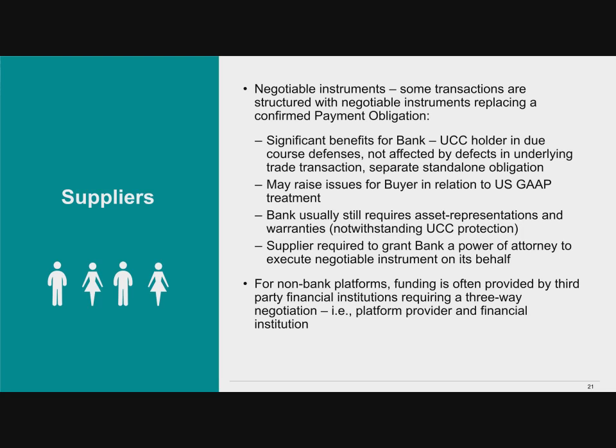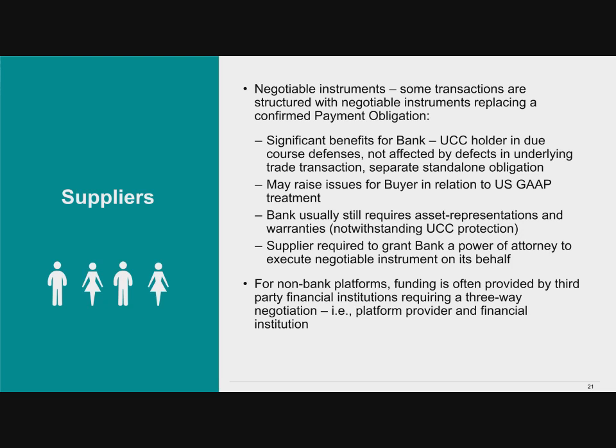I have seen in the past transactions structured so that a negotiable instrument replaces the underlying payment obligation. How that operates is that the parties agree that the obligation to pay X under a trade transaction or receivable is exchanged for a negotiable instrument, which has a number of benefits under the UCC.